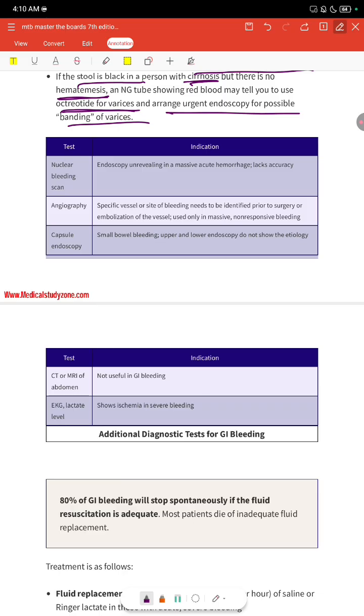Test and indication: nuclear bleeding scan, angiography, capsule endoscopy. So, when is a nuclear bleeding scan indicated? Endoscopy unrevealing in a massive acute hemorrhage lacks accuracy.